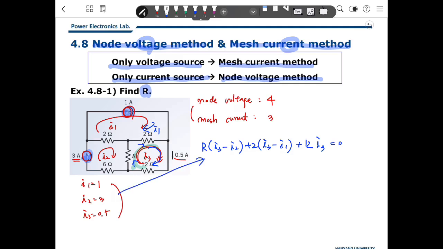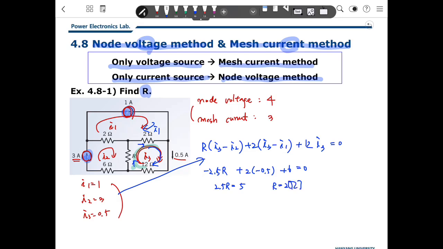Considering those values, minus 2.5 R plus 2 minus 0.5 plus 6 will be 0. So 2.5 R will be 5, so R will be 2 ohms here.